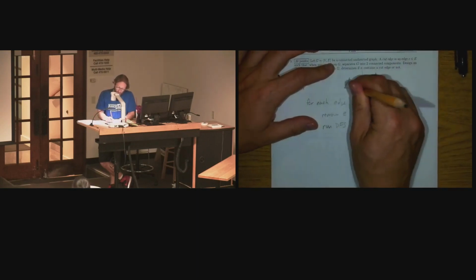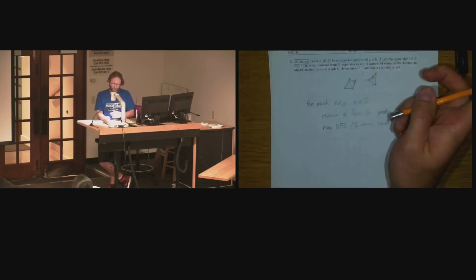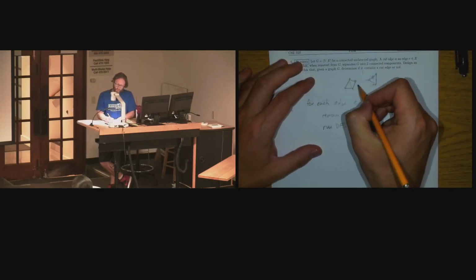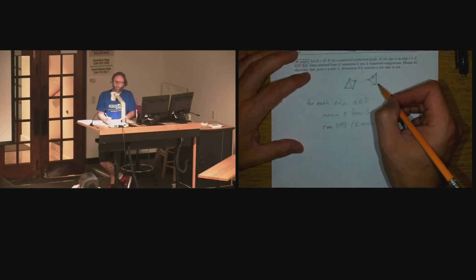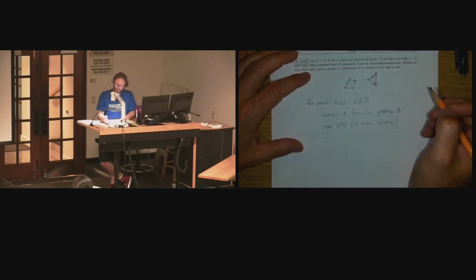If this were the cut edge, and I ran DFS over here, what color would all these vertices be at the end? They'd all be black because they'd be done, right? But I would still have unvisited white vertices over here, right?